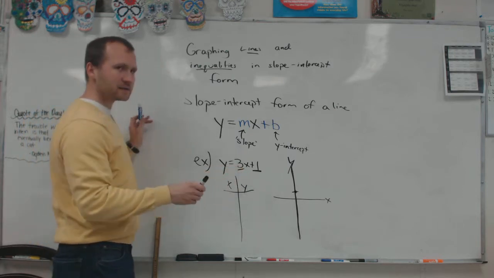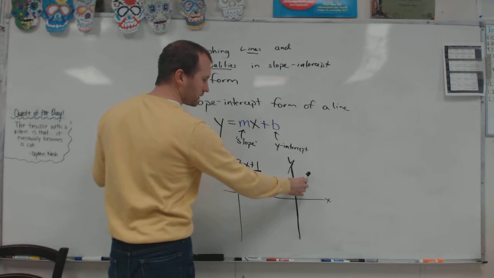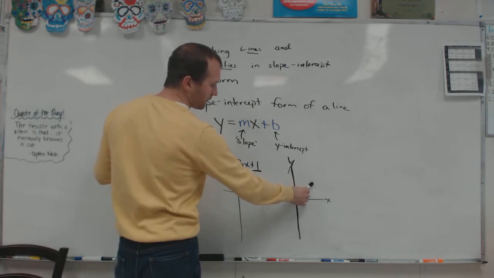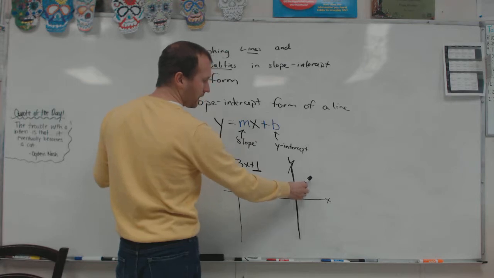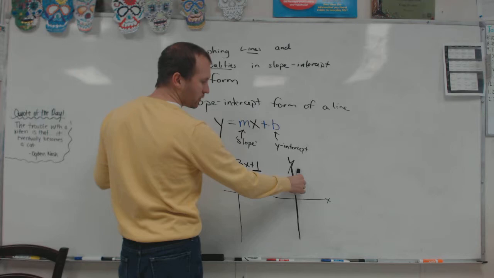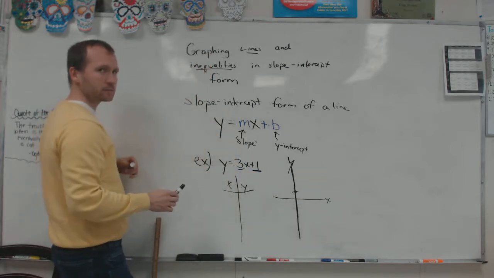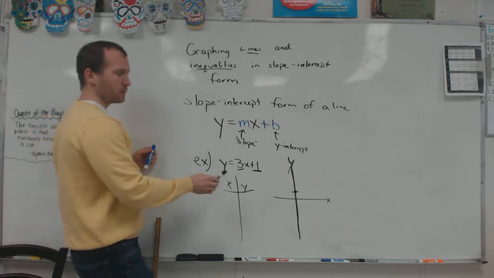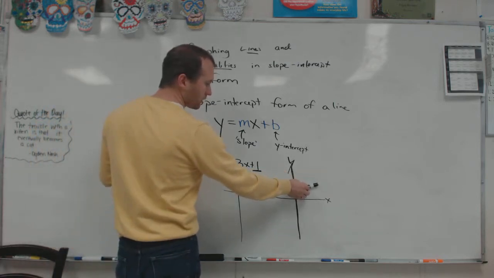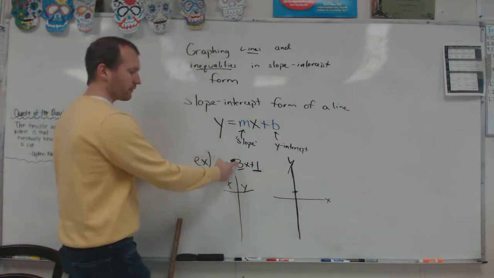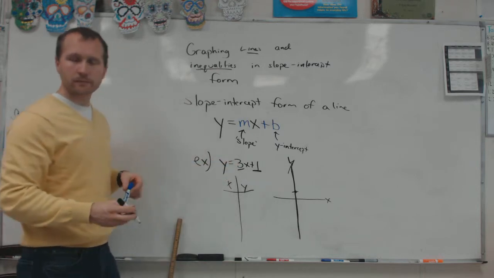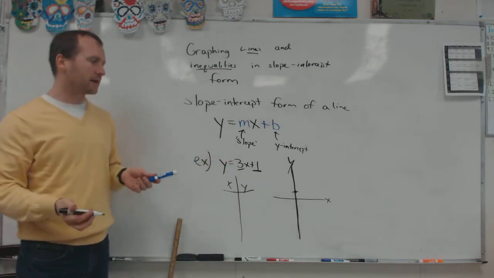The slope is how tilted our line is. A slope of 1 is like a 45-degree angle. Right? And the more tilted the line gets, the steeper the slope, the higher this number is. The more gradual the slope, we're going to have a fraction for this number. And you guys have seen that.